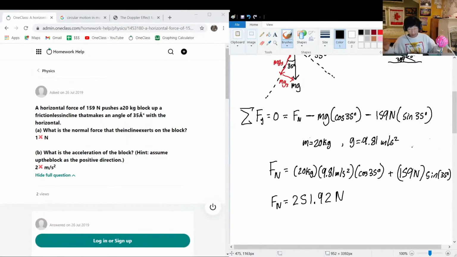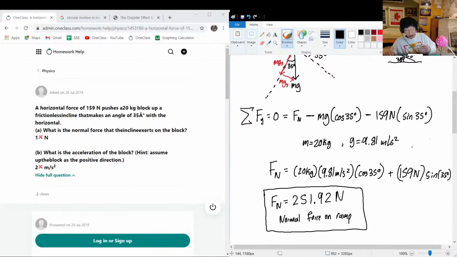Okay, awesome. So this would be our normal force on the ramp. Awesome. So that is part A of this question finished.